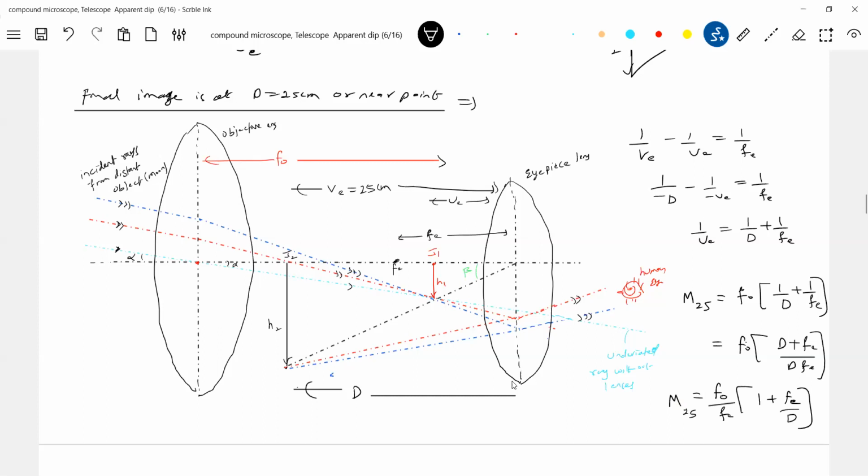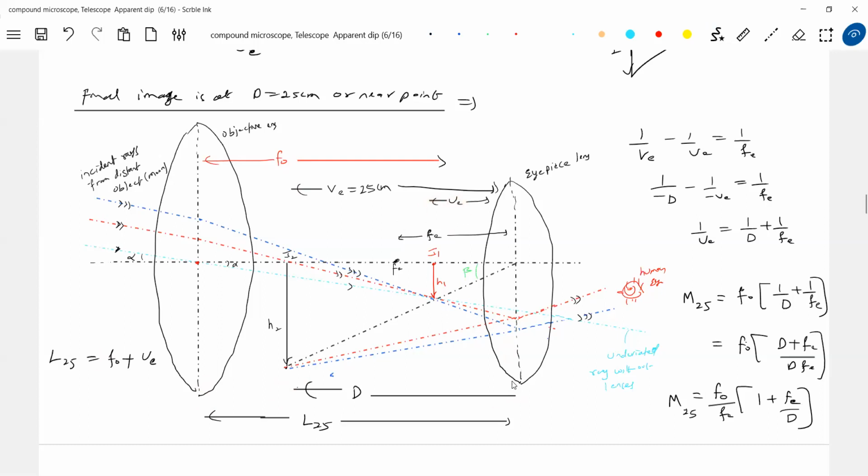Now, what is the length of the tube? This is the length of the tube, L25. Not 25 centimeter length of the tube. D is 25 means L25 will not be 25. Symbols we are giving. So what should L25 be equal to? This should be equal to F naught plus UE, no? You see what this distance will be? Length of the telescope or length of the tube, it is called. So F naught plus this distance UE.